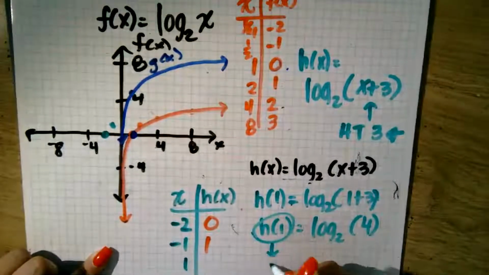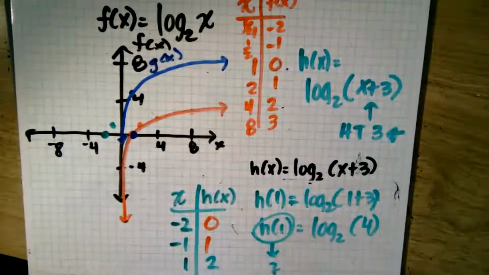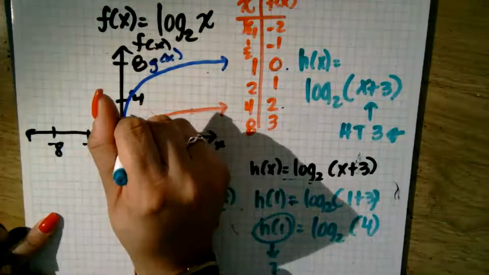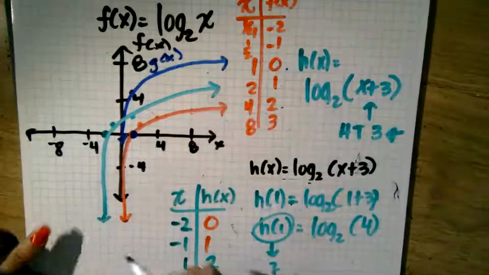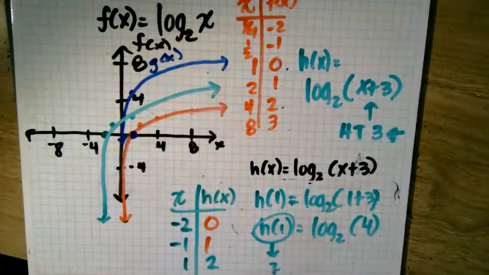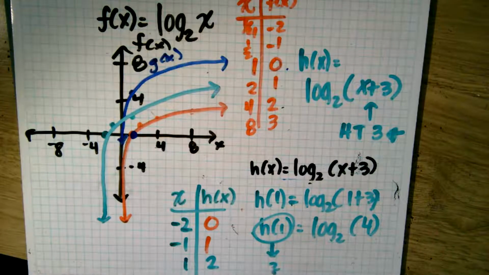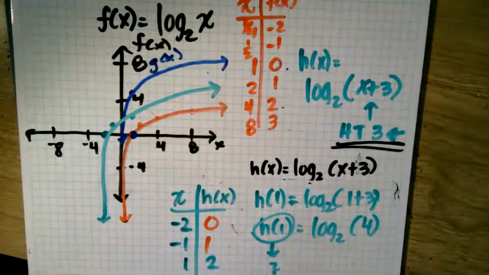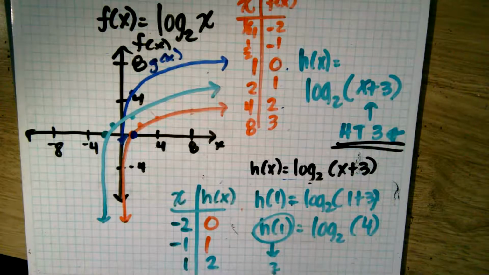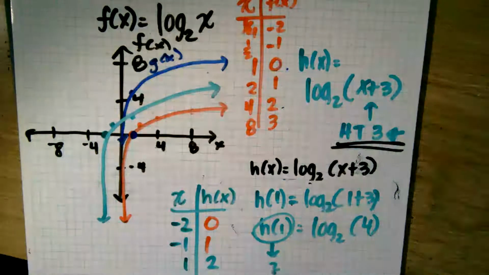This must be 2. So (1, 2). I recognize that my function is now like this, which means that it got translated 3 units to the left.